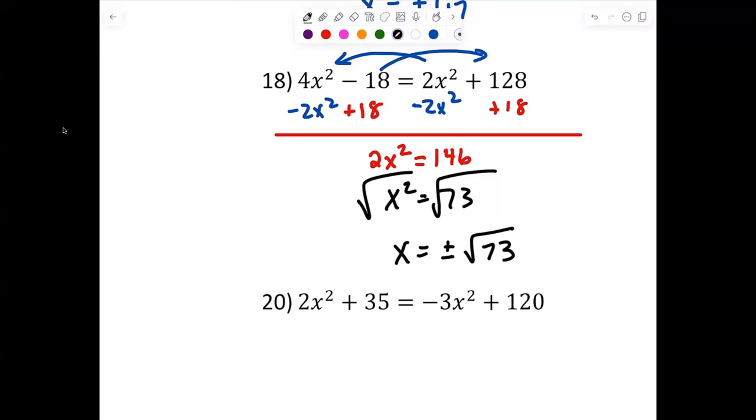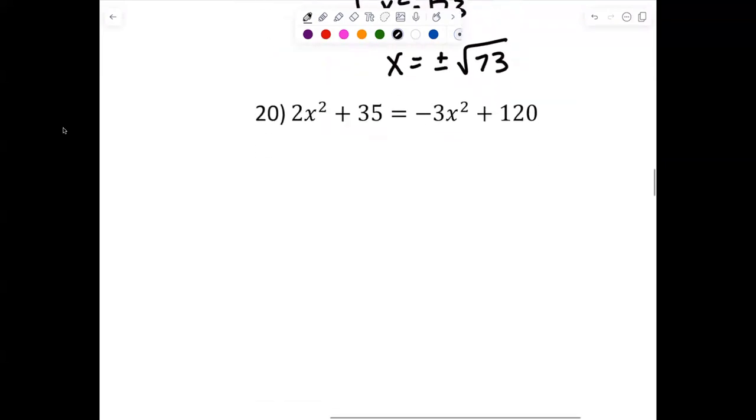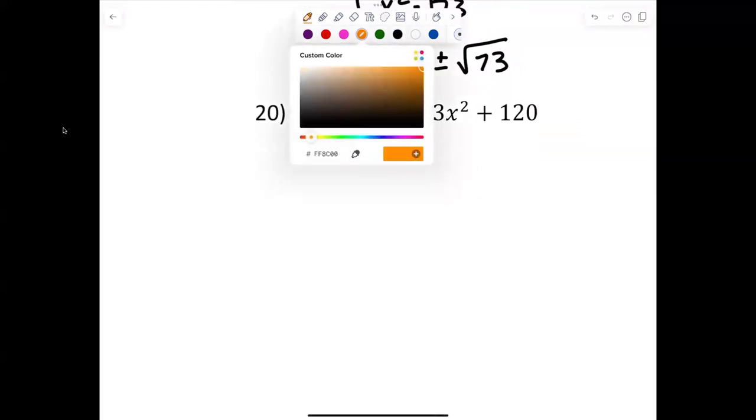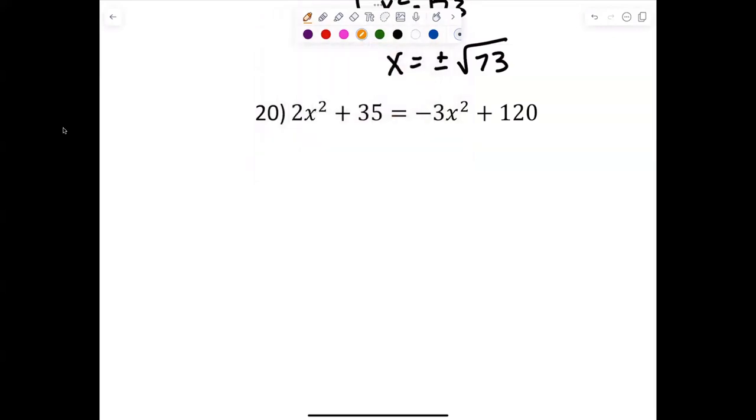Anybody have any questions for that? All right, jump on 20 real quick. Let's see how you're doing with 20. First thing, add 3x squared.